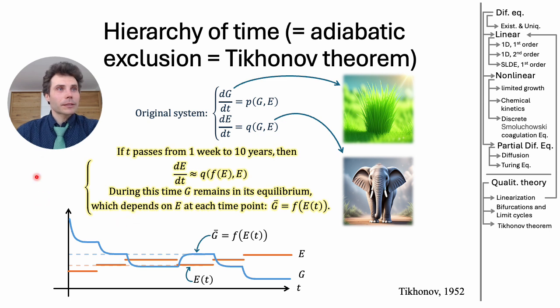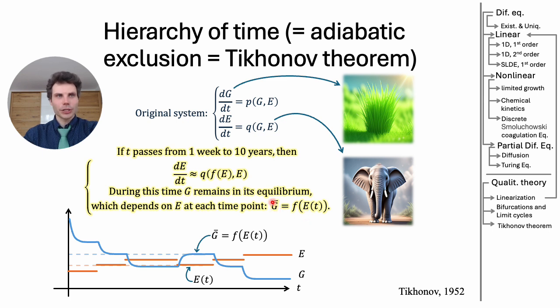So here it is highlighted in yellow. If time passes from, let's say, 1 week to 10 years, then we can ignore the differential kinetics of the grass. We can assume that at each given time point, the grass state is its stationary state dictated by the population of the elephants at the given time point.